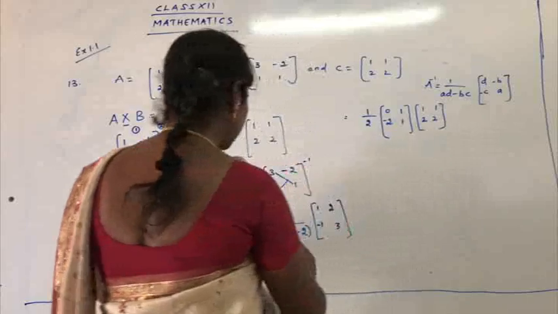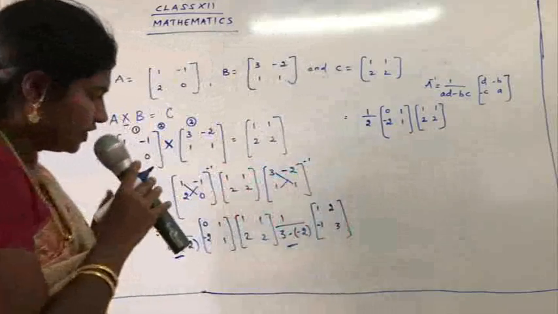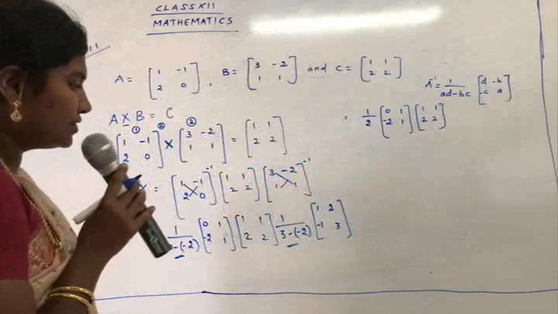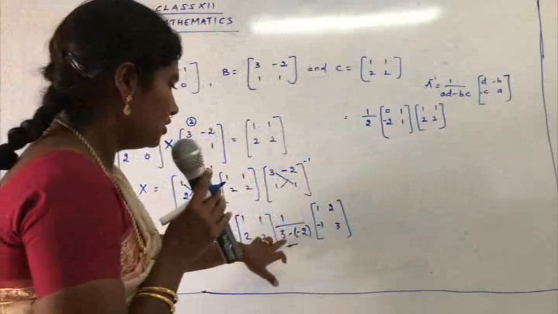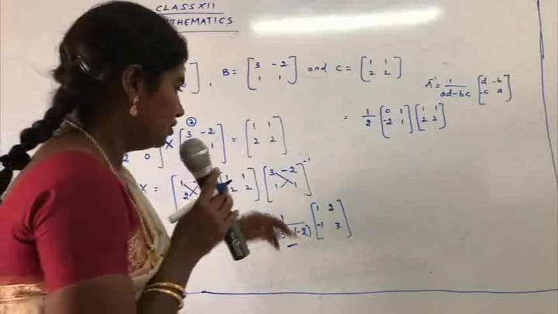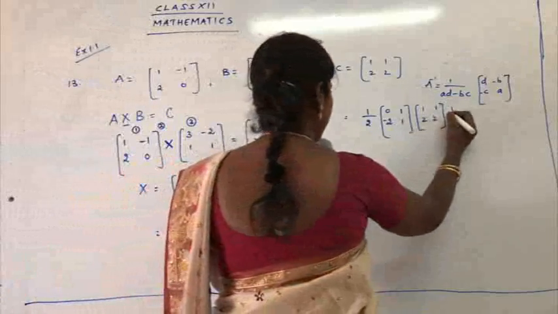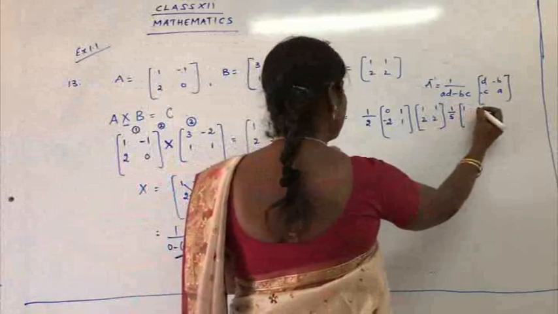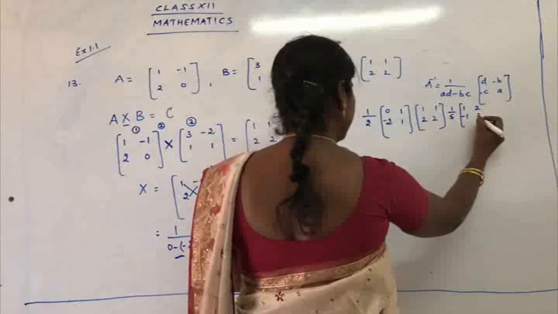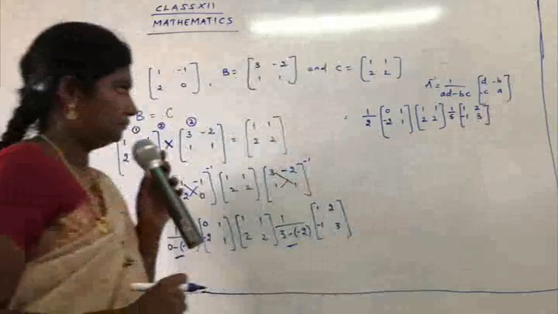Okay, here let's come to this one, the simplification part. It's 3 minus of minus 2. Yes, children. So what we get here, minus minus turns to be positive. So I get 3 plus 2. So this is 1 upon 5. Now this part will be as it is. So 1, 2, minus 1, 3. Okay.